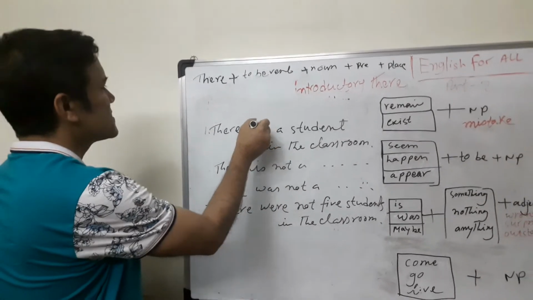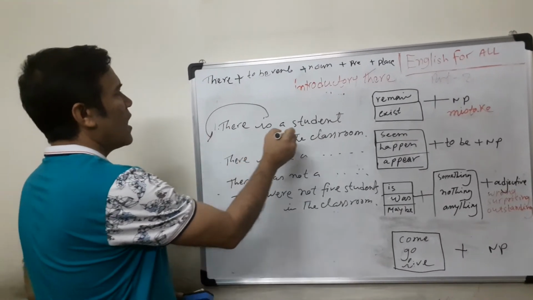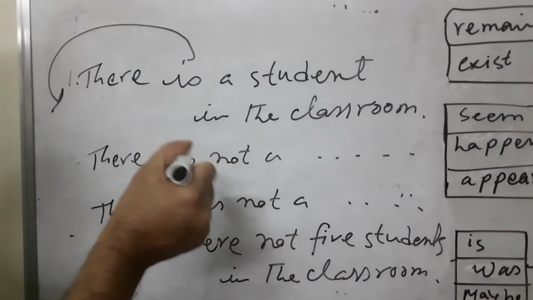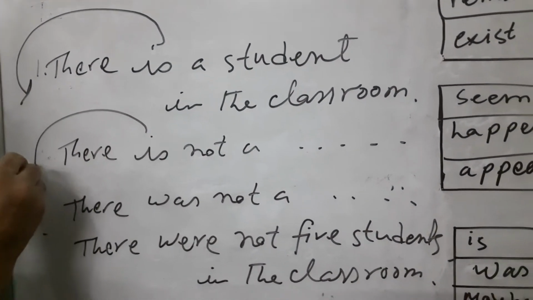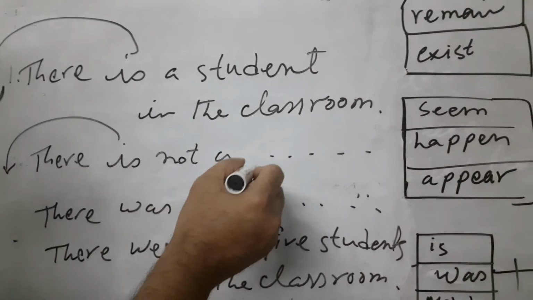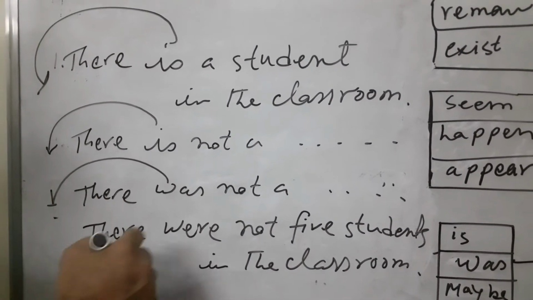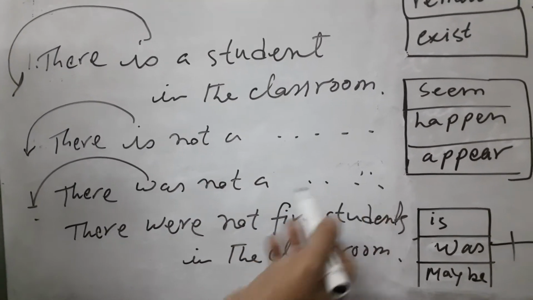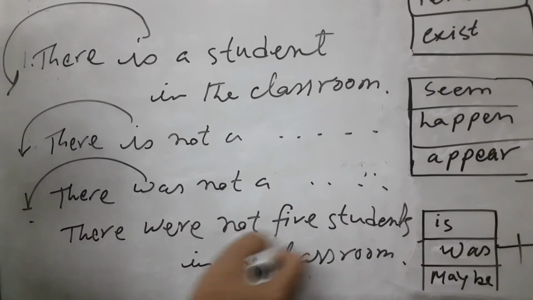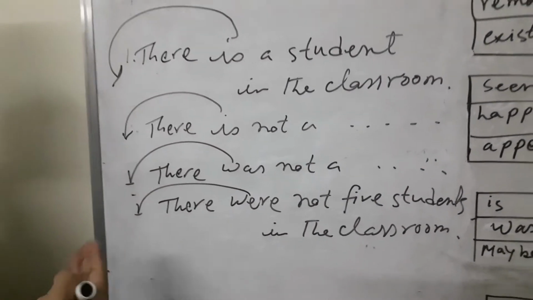Just place is at the beginning of the sentence. Is there a student in the classroom? If you make it negative interrogative, then you place is at the beginning of the sentence. Is there not a student in the classroom? Or was there not a student in the classroom? Were there not 5 students in the classroom? So in this way, you can make negative interrogative sentences.